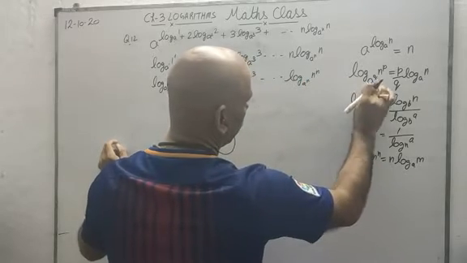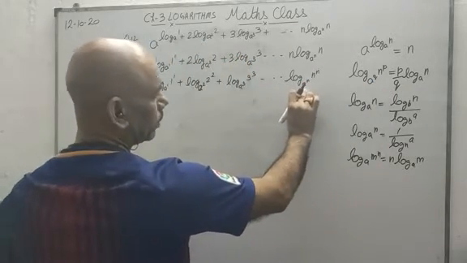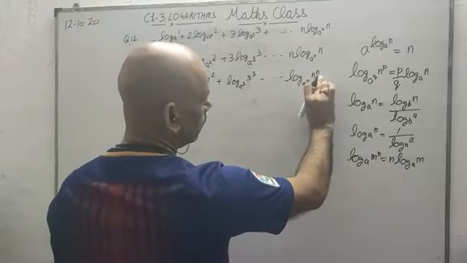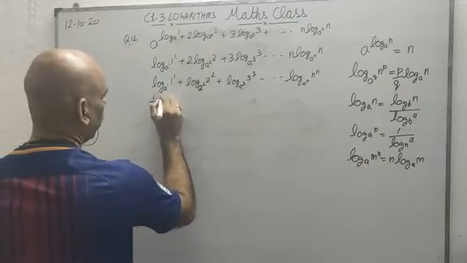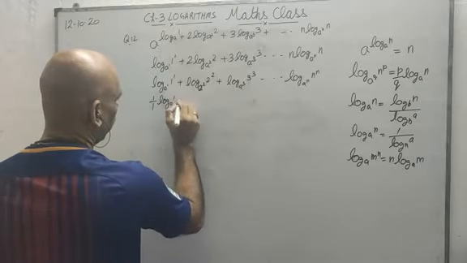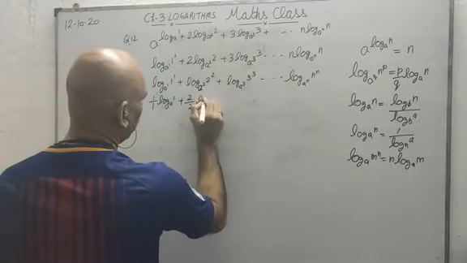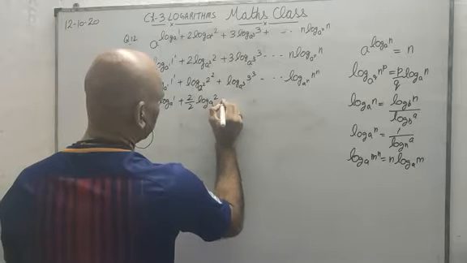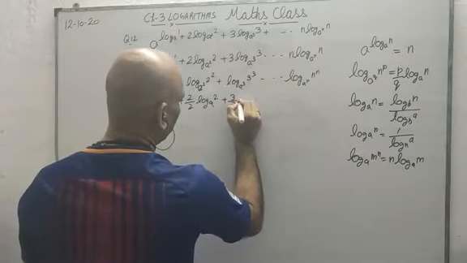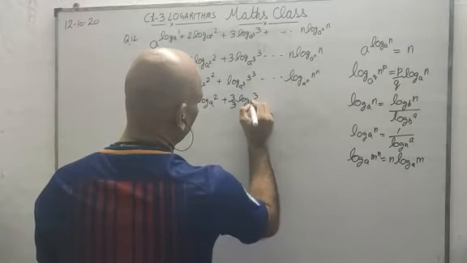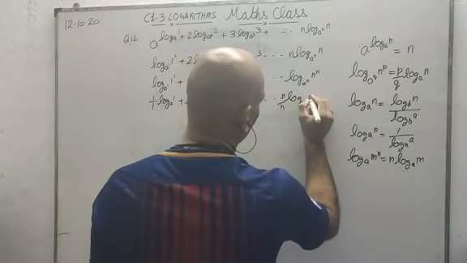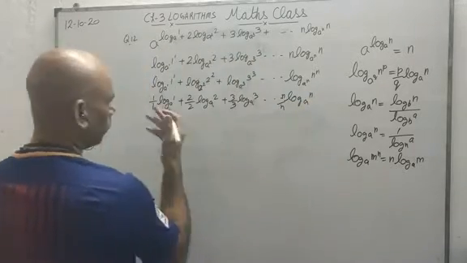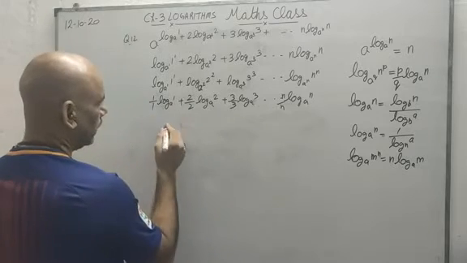Now by this property, you can see that the base is also having a power and this number is also having a power. So p upon q is 1 upon 1 log base a of 1, 2 upon 2 log 2 base a, 3 upon 3 log 3 base a, and n upon n log n base a. So 2 upon 2, all this is cancelled. What is left?